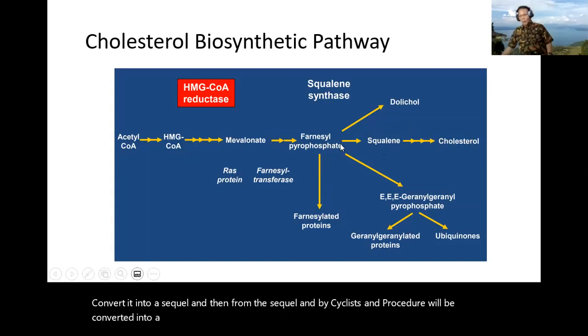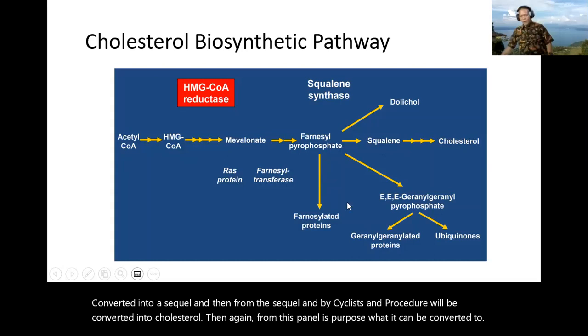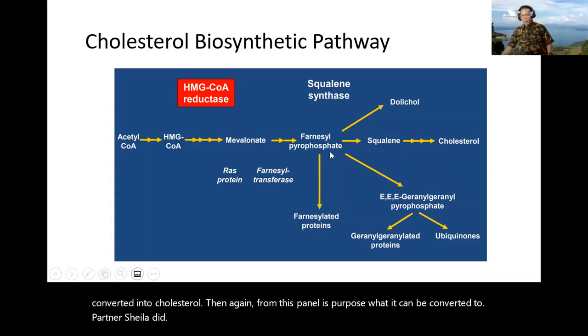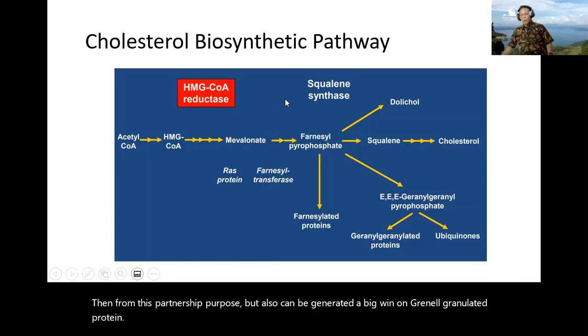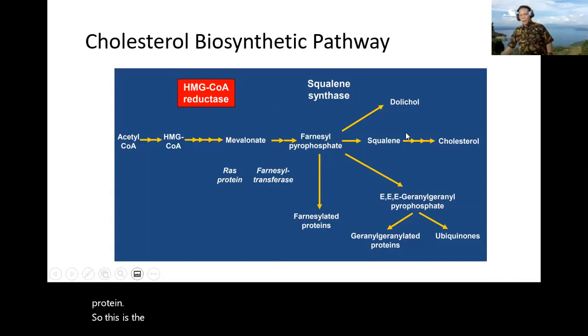Then again, from this farnesyl pyrophosphate, it can be converted to farnesylated protein. Also from this farnesyl pyrophosphate can be generated ubiquinone and geranylated protein. So this is the biosynthesis of cholesterol, or cholesterol biosynthetic pathway.